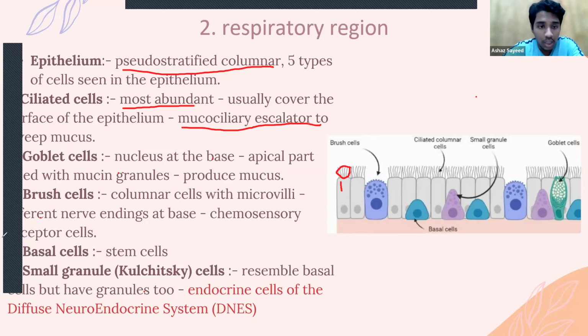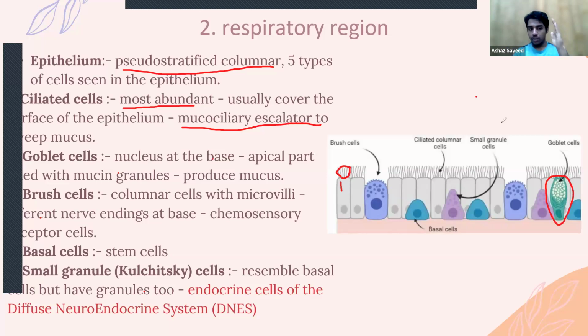Okay. Goblet cells. Goblet cells are these things right here. You can see this. The unique thing about goblet cells is that the nucleus is at the base, pressed at the base, and the apical part has these granules, which are filled with mucus. So if you guess the function of the cell, its function is producing mucus.